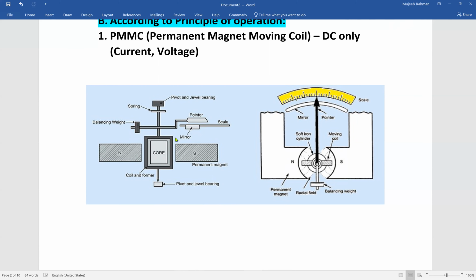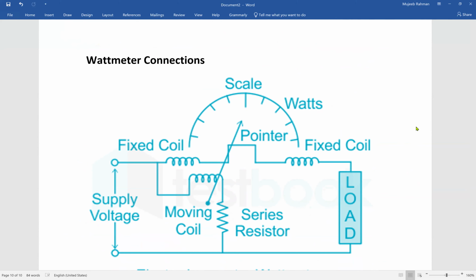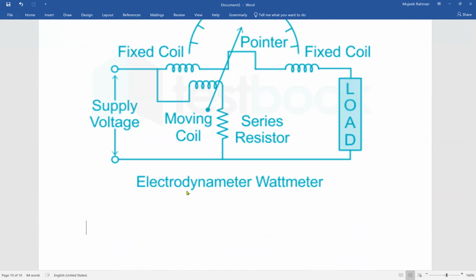Before we end the session, we also have to try to understand the wattmeter connections here. As we said before, a wattmeter is used for the measurement of power in a circuit, and such an instrument consists of two coils.